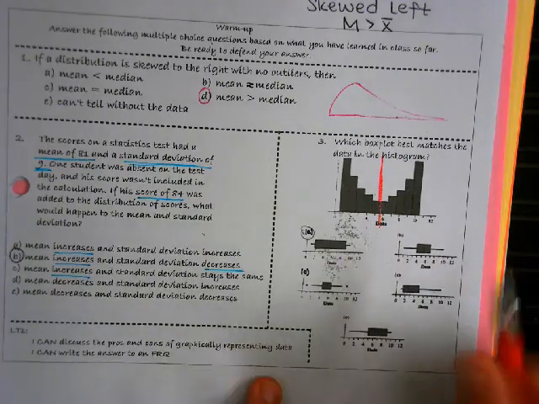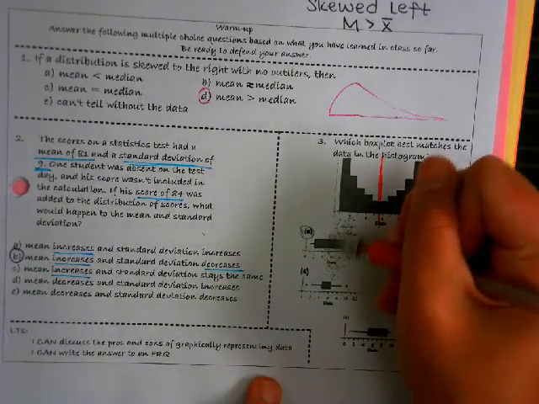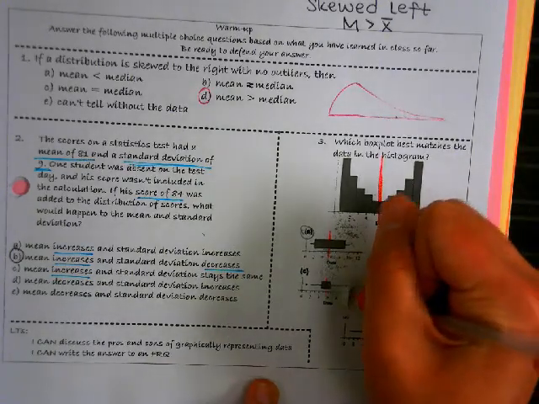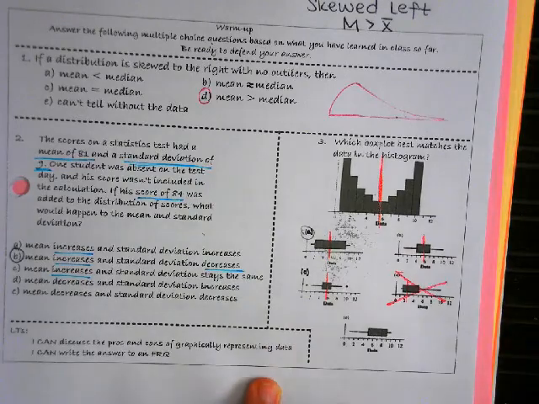So my median should be between 5 and 6. A has a median between 5 and 6. So does B. So does C. D has a median down between 2 and 3, so it can't be that one. And then E has a median up at 8, so not that one.